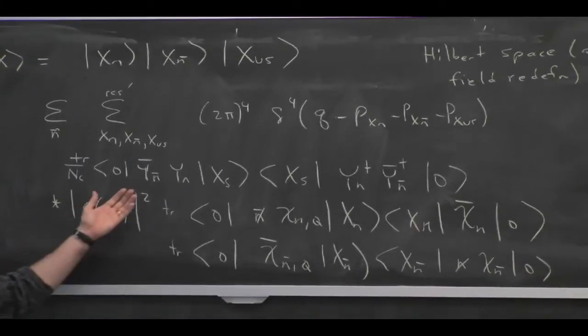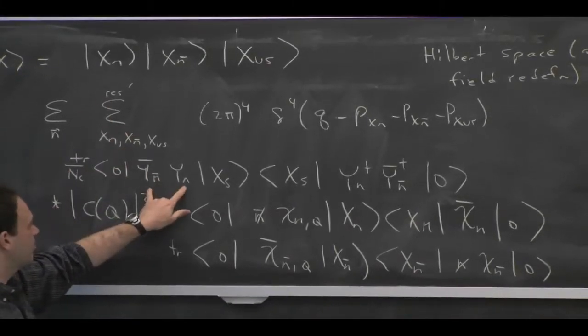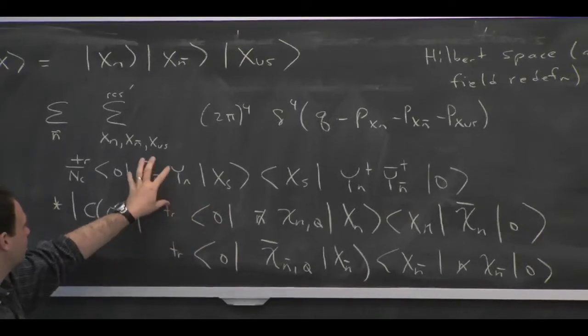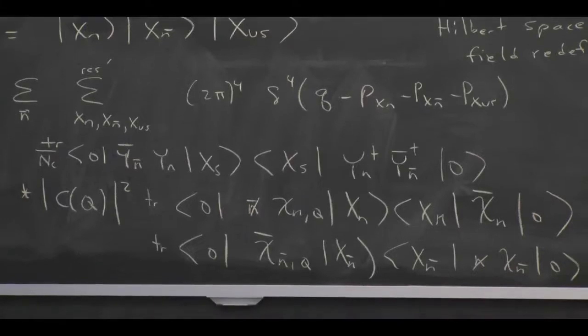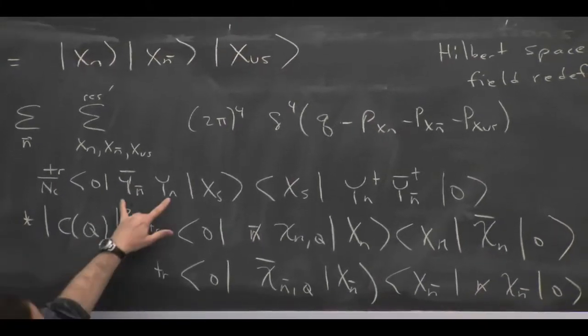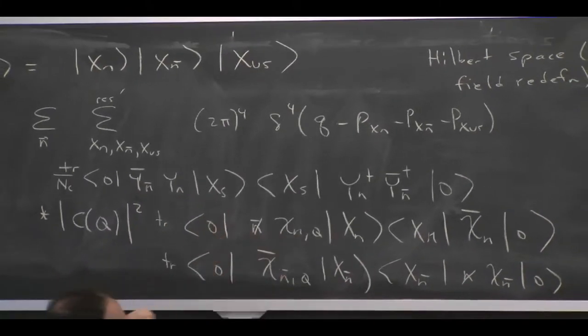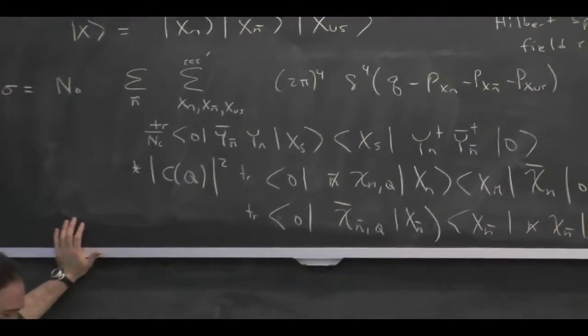So remember, the fact that the states factor and that the operators can be written as a product means that all contractions are happening between these and these. That's why I can separate the matrix elements in the way I have. And the only thing is then that there could be color indices tying these together, but it turns out you could deal with that as well.